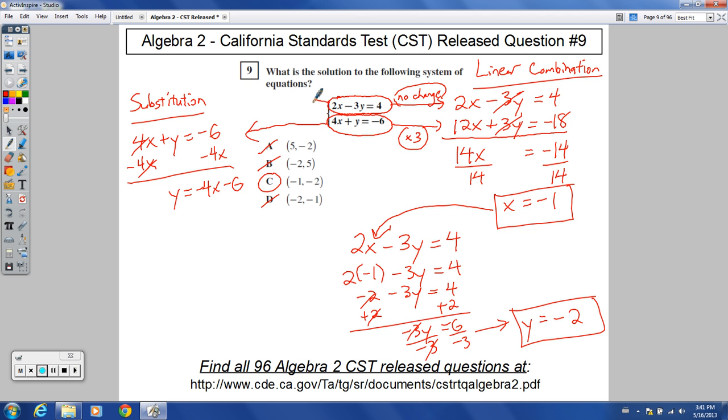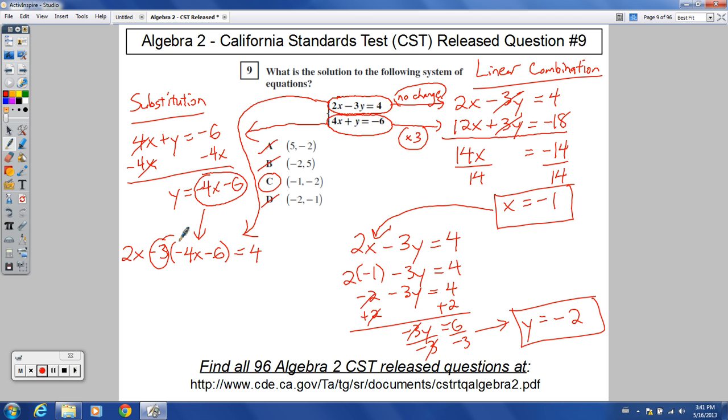From there, I can take this other equation and replace y with negative 4x minus 6. So I'm going to have 2x minus 3 times, and this gets substituted in for y right here, negative 4x minus 6, and that is supposed to equal 4.